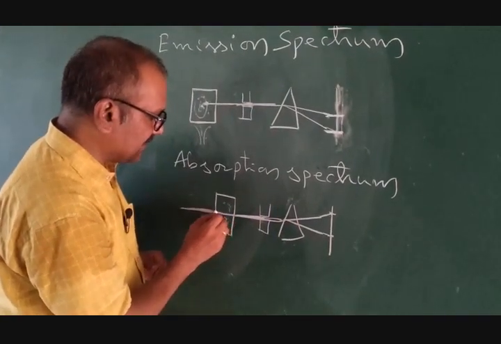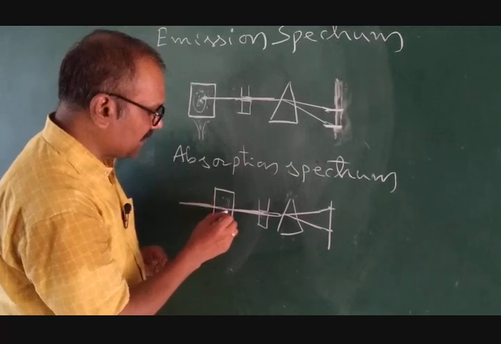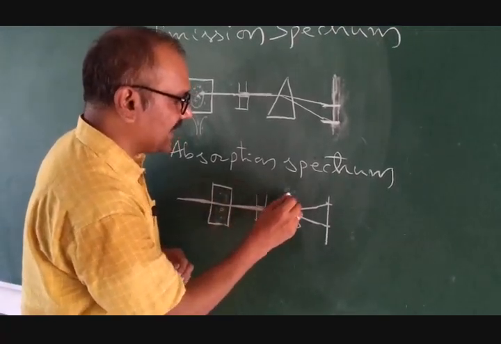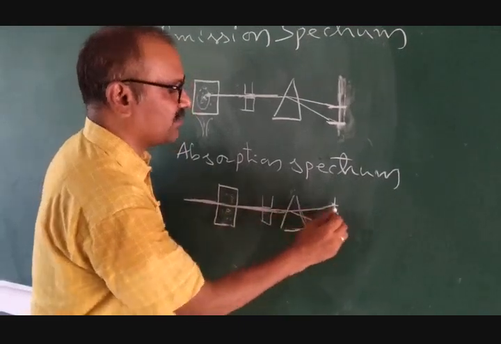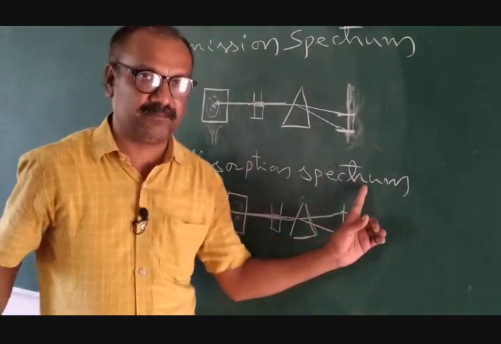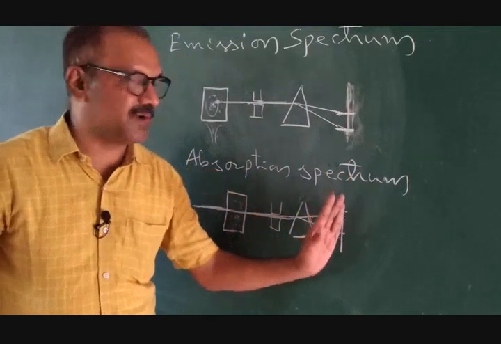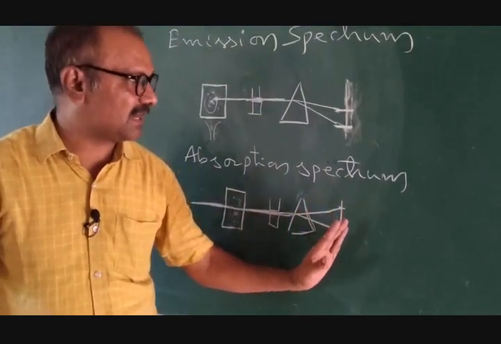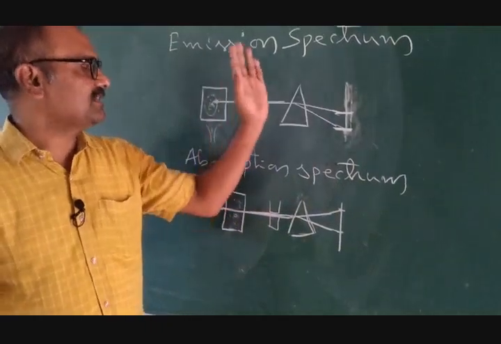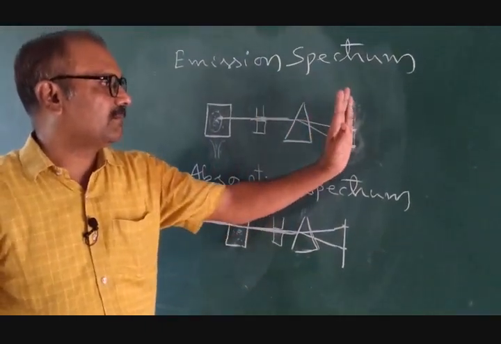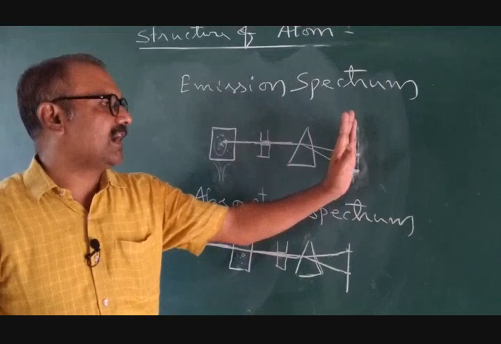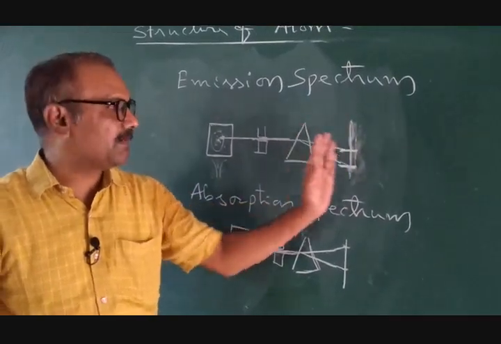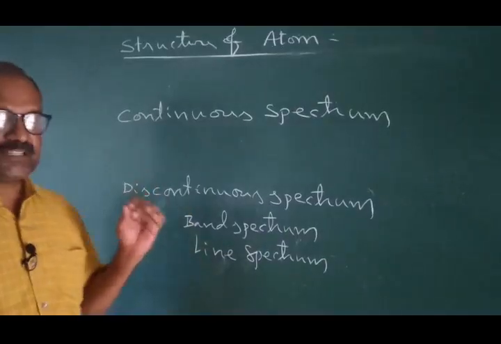Some of the radiations are absorbed by this gaseous substance, the remaining light only will come out, and that light analyzed to spectrum is known as absorption spectrum. Absorption spectrum is formed on a bright photographic plate with dark lines, and emission spectrum is formed on a dark photographic plate with bright lines.